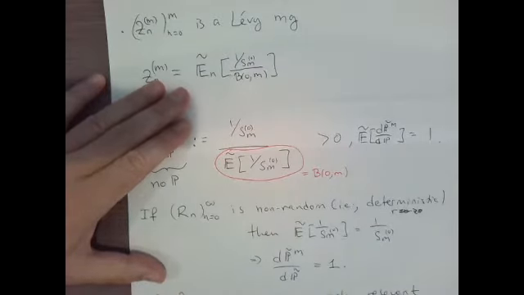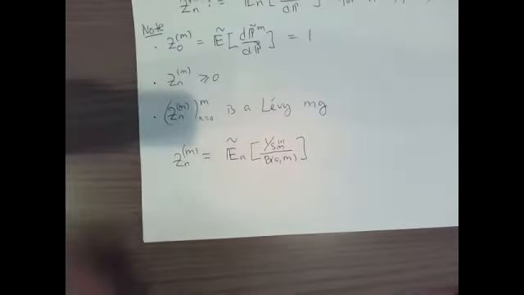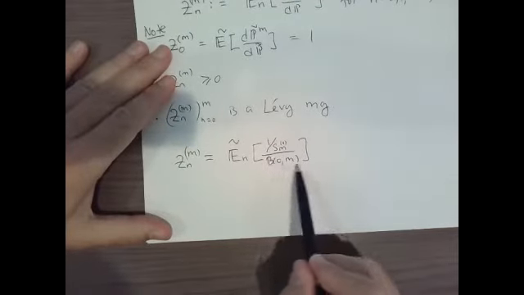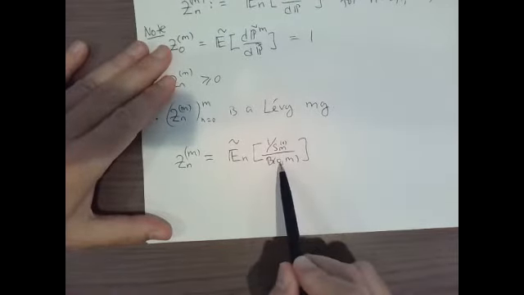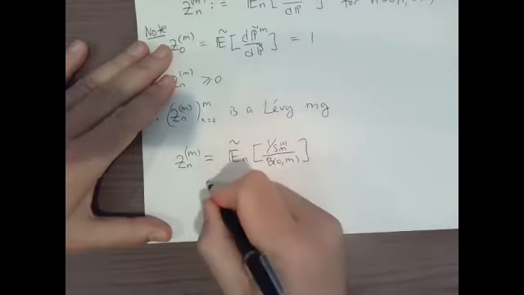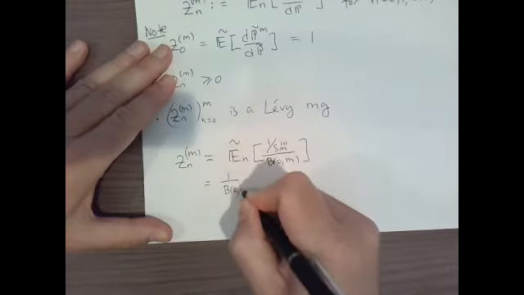Okay. It doesn't make it any better. Well, a little bit, because I can pull out, this is a constant, right? It's F0 measurable. This quantity can go outside. So I'll have 1 over B0M.